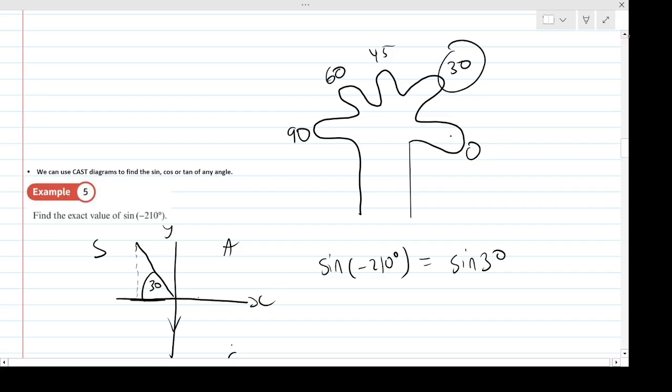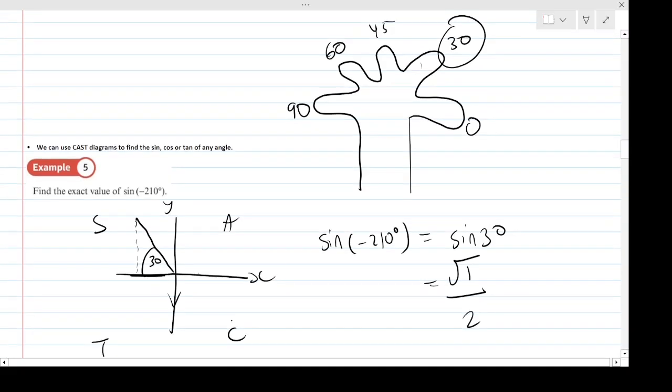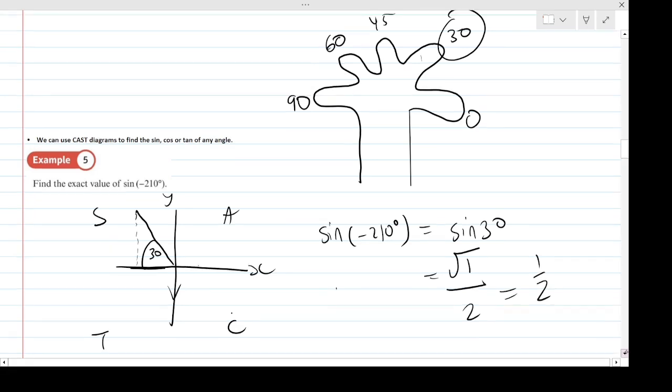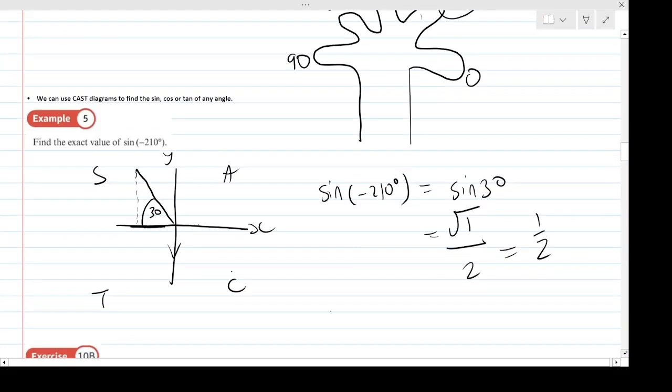If we're starting at 0, we'd be moving one finger, so it'd be root of the finger, which is root 1, over 2. Always over 2. Root 1 over 2 is just 1 over 2. So therefore we can deduce sine of minus 210 is indeed a half.